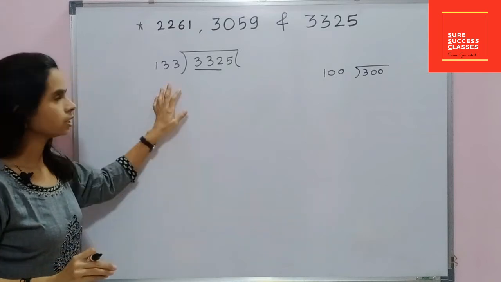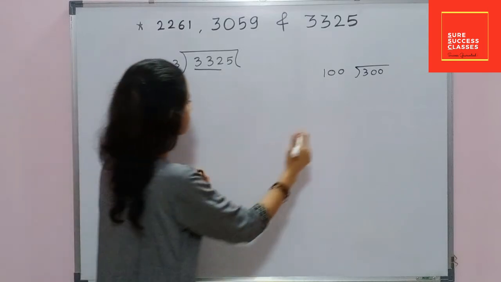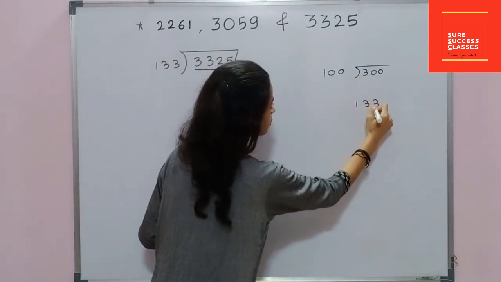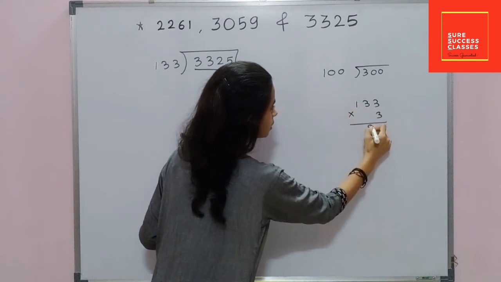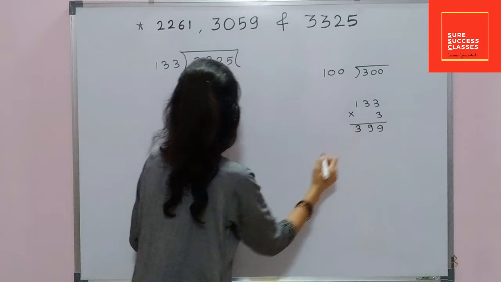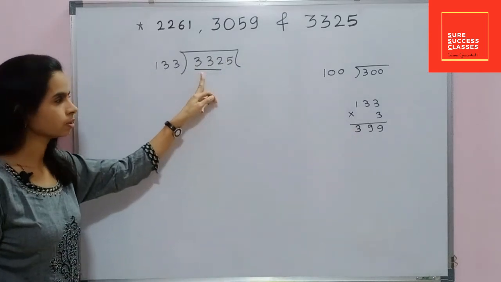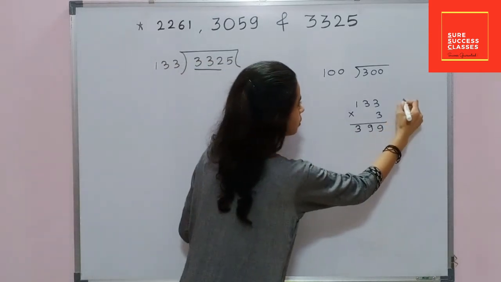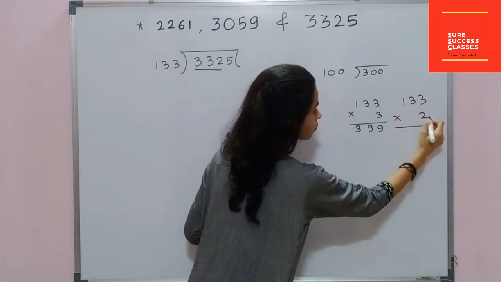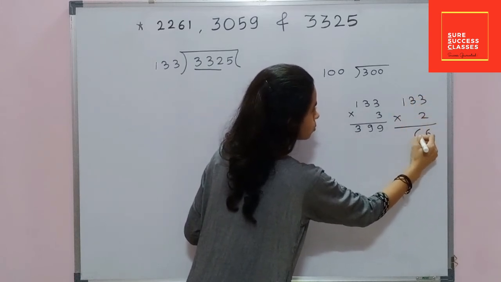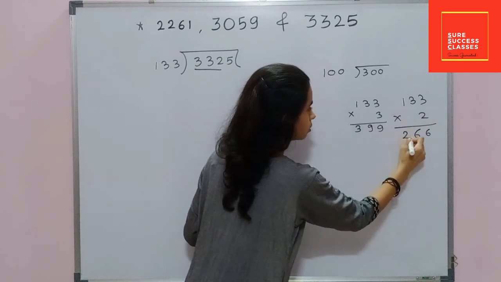So here we will check for number 3. 3 3s are 9, 3 3s are 9 and 3 1s are 3. It is greater than this number. So we will check for 2 also. 2 3s are 6, 2 3s are 6 and 2 1s are 2.